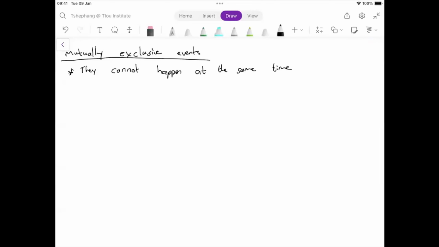An easy example could be what? Could be getting both a heads and a tails, tossing one coin once. It's going to land on one side. It's a fair coin. It definitely has to land. I'm hoping it's clear for mutually exclusive events.